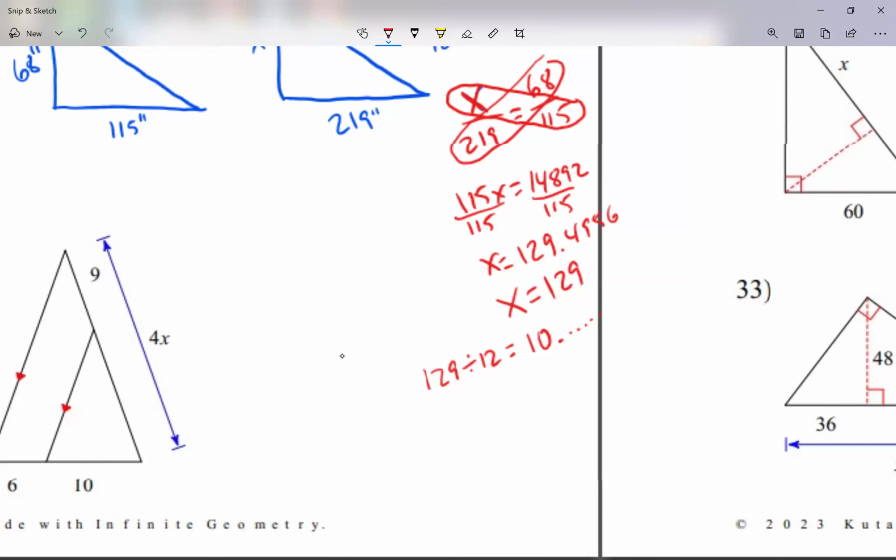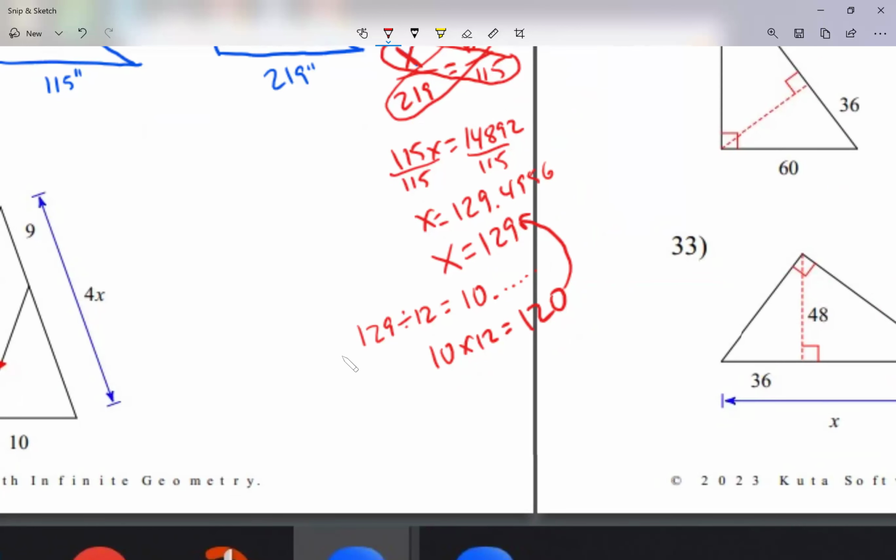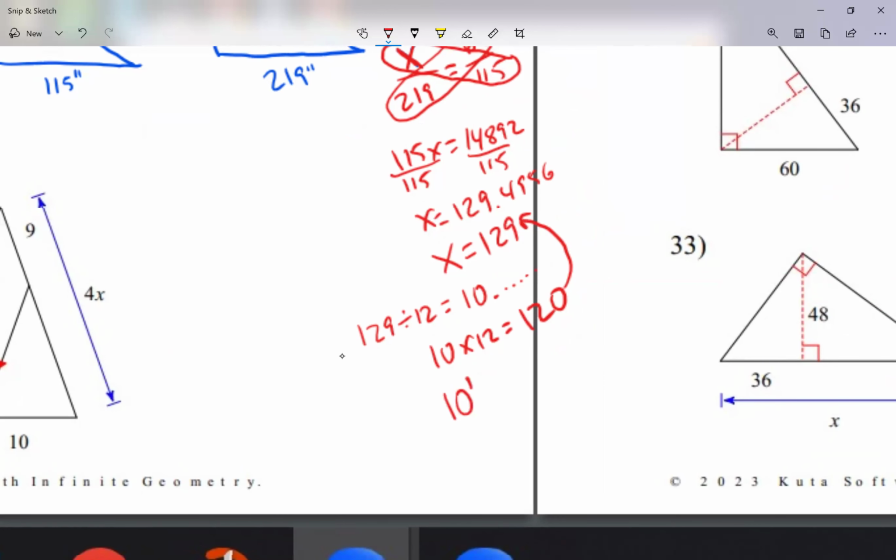How much is 10 feet in inches? 10 times 12 is 120. So 10 feet is 120. How many more inches do I need? Because remember, this said 10 feet and some inches. So my answer will be 10 feet. Now from 120 to 129, I need 9 inches. So the height of this tree is 10 feet, 9 inches.